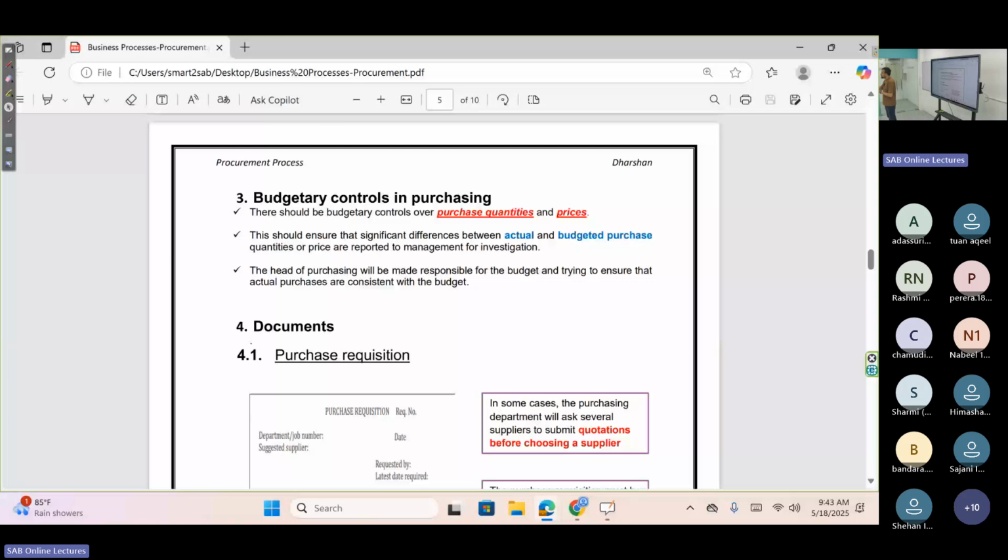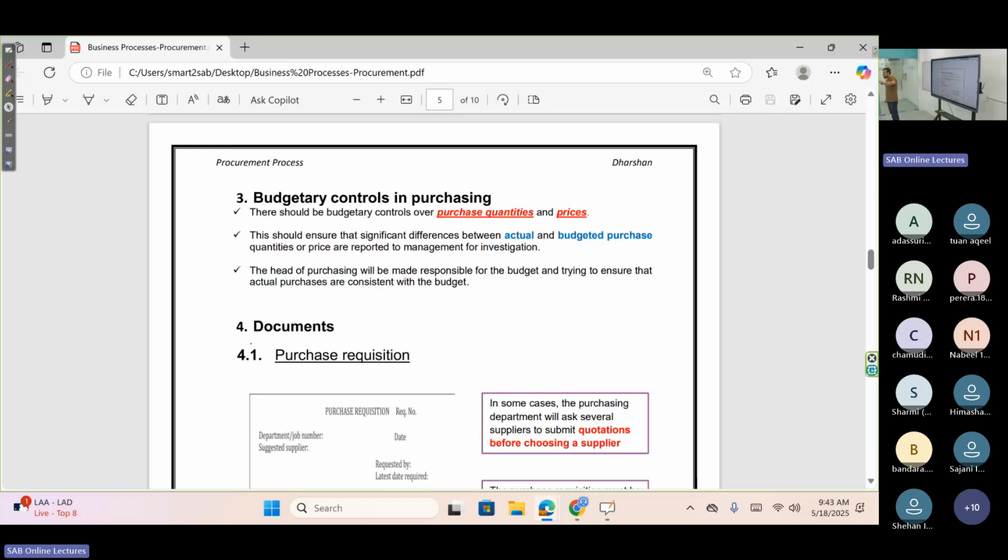Between the sales forecast and profit forecast comes the purchase budget: what quantities are to be produced, and which raw materials are needed. Purchase quantity and price must be controlled throughout the year. That is called a budget.